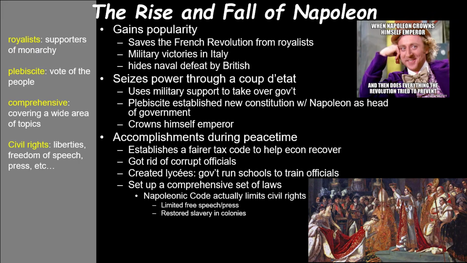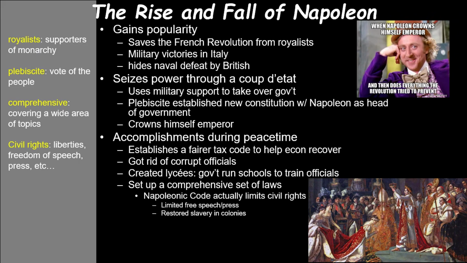Yeah, downgraded. And he even restored slavery in the colonies. Definitely not what the revolution was aiming for. But hold up, not everything Napoleon touched turned to gold. Coming up next, we'll look at the overconfident moves, bad calls, and epic fails that sent his empire crashing down.